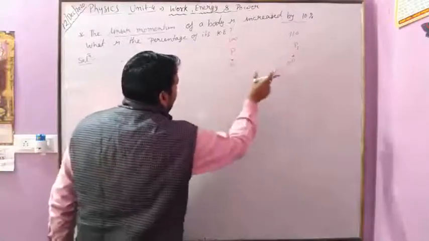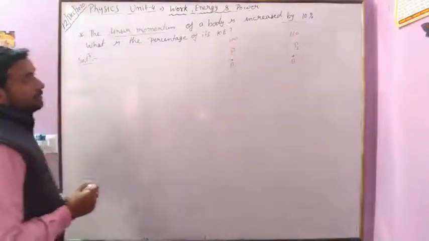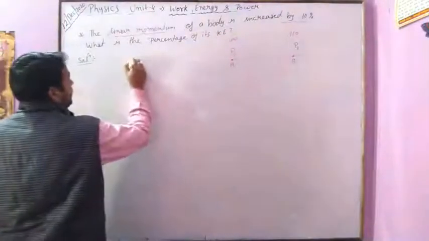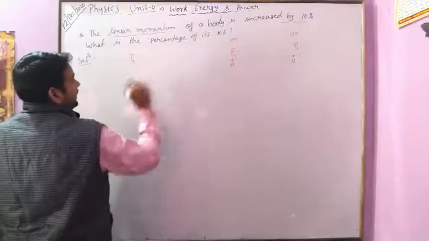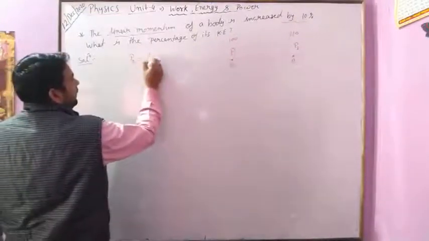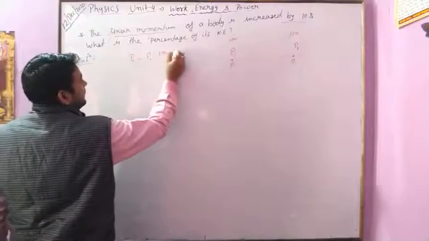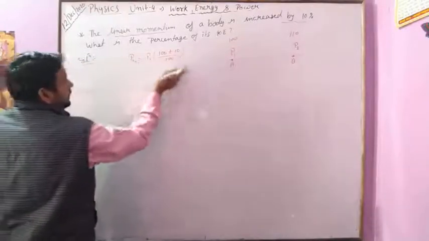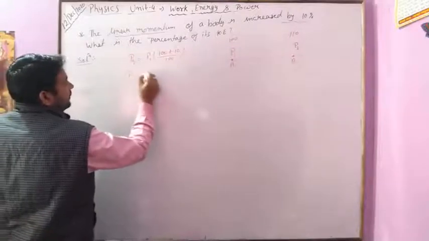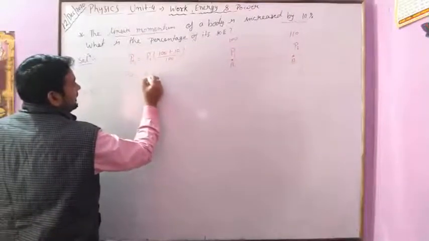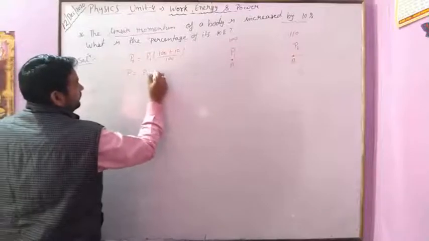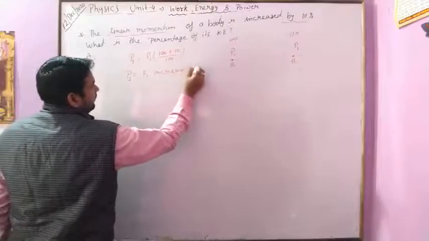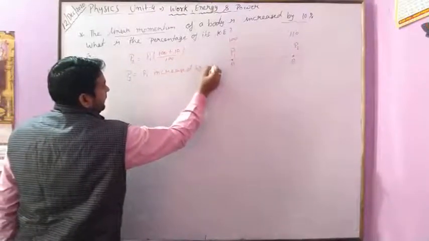So you can calculate from here the change in momentum. By using this you can also say P1 is 100, and 100 plus 10 upon 100 can be used for calculating the percentage. P1 is increased by 10%.